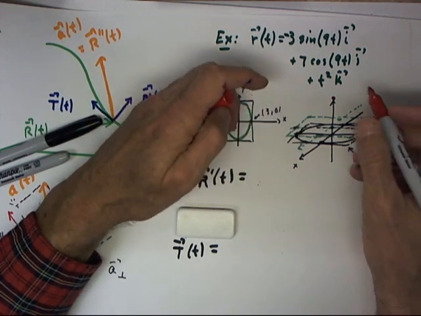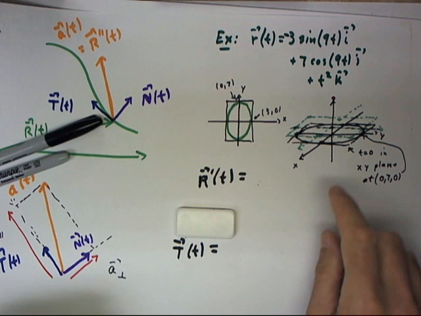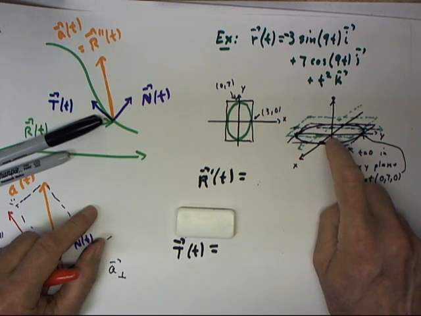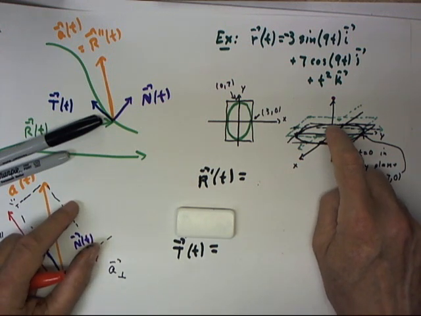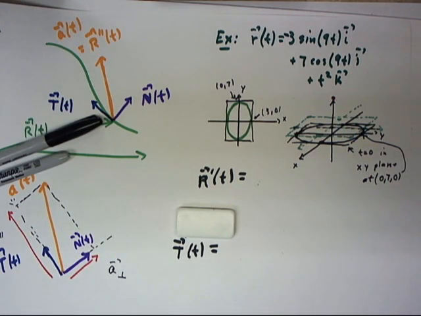At a later time, what's happening to the k component? We have t squared k. That means that our k component is going to start small, and it's going to change slowly, but it's going to change more and more quickly because t squared behaves in that manner.